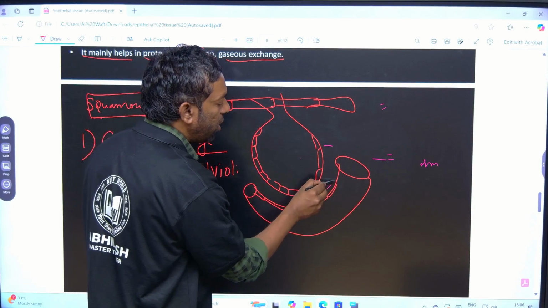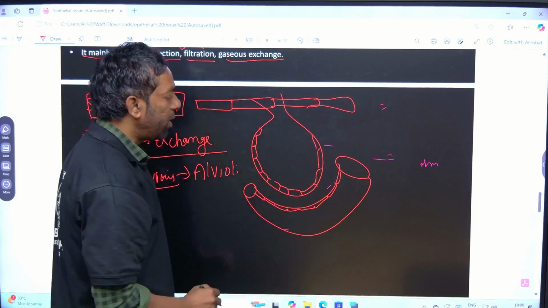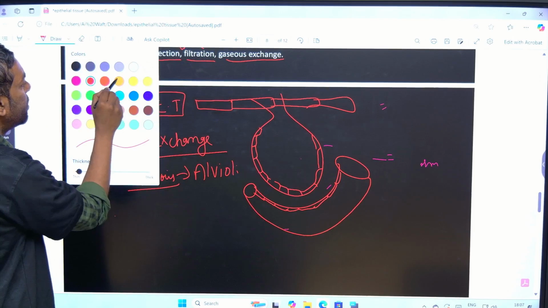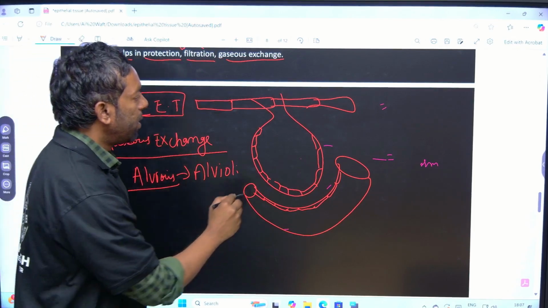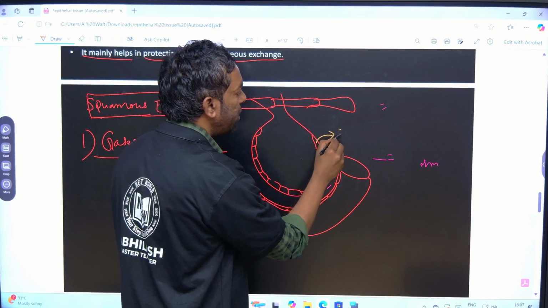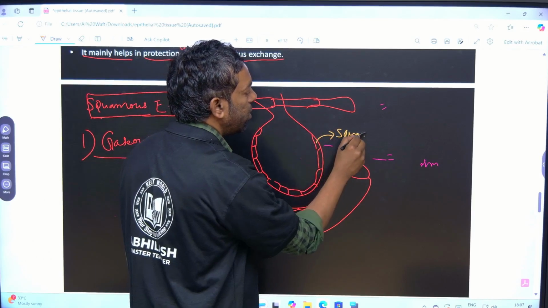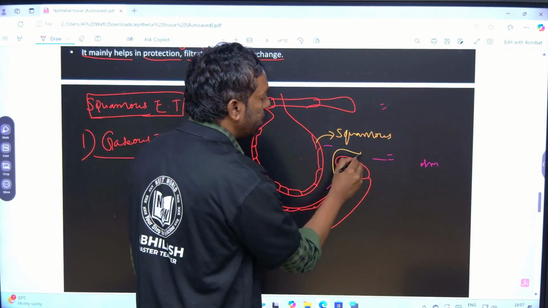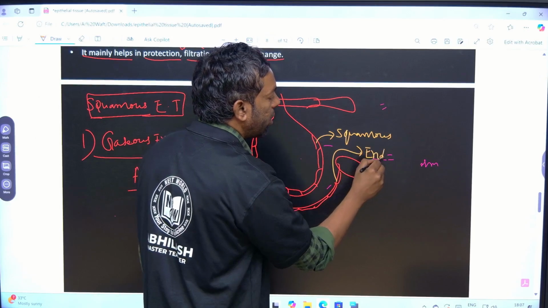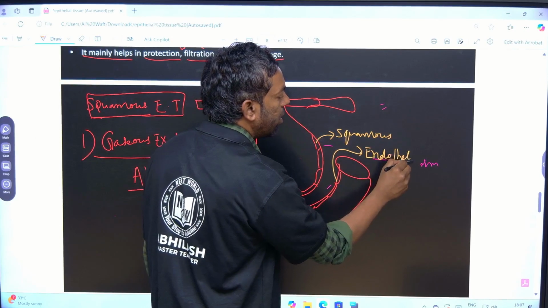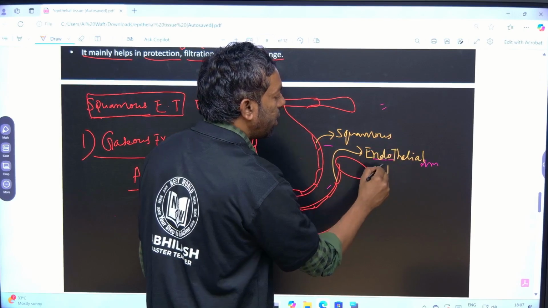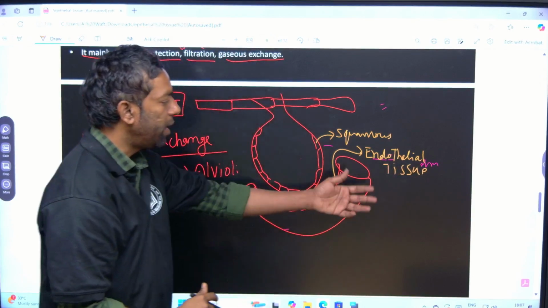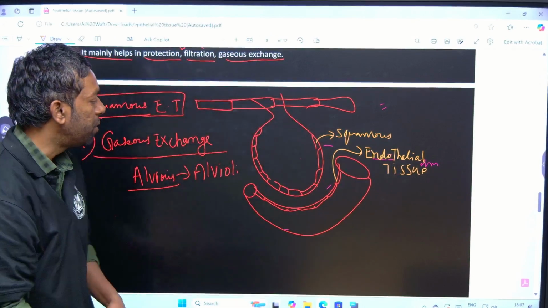This is squamous epithelial tissue, and endothelial tissue is nothing but epithelial tissue.